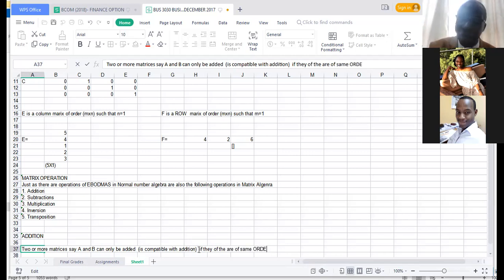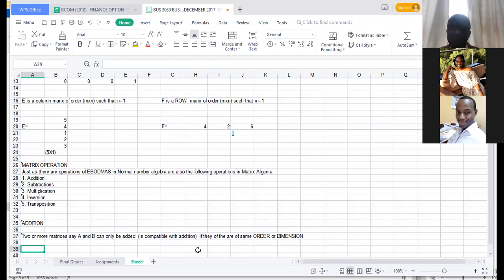Order or dimension. That is, you can only add two or more matrices if they are of the same order.